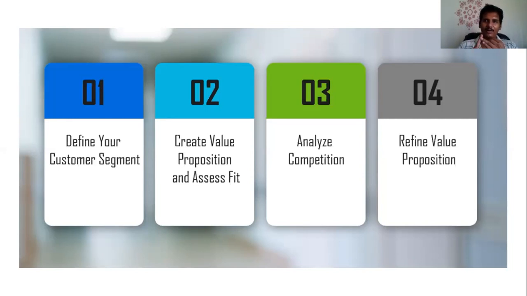According to the pain points, the entrepreneur or the product should give pain relievers. According to the gains required, the product should be a gain creator. A fit between these two is called the value proposition fit. To make this happen, we are going to use a very beautiful strategy called blue ocean strategy.